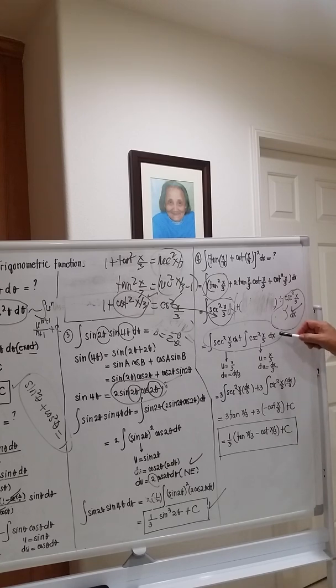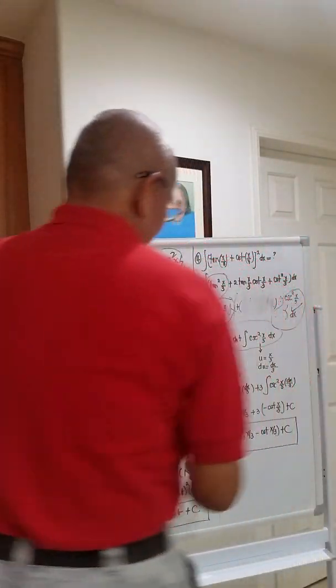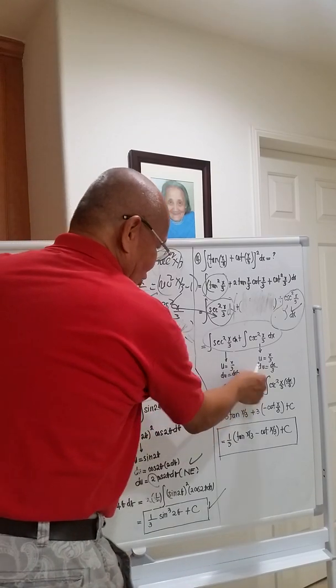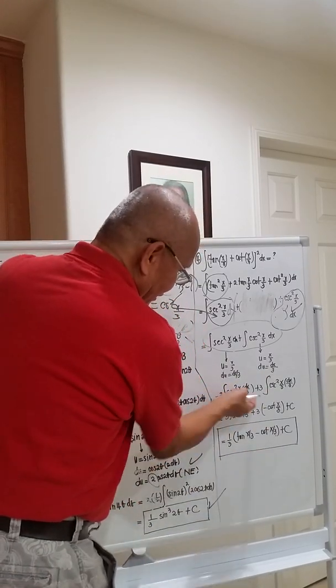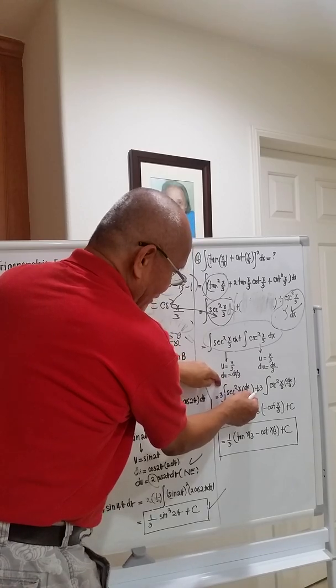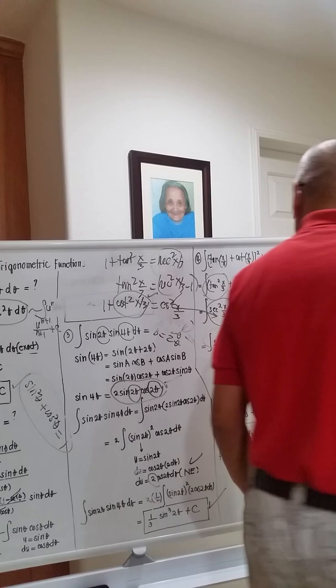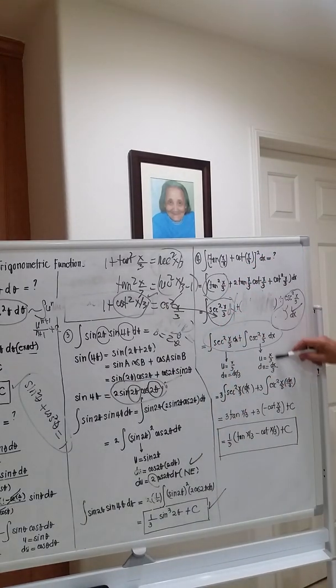So we are missing 1/3, so we introduce 3 outside of the integral sign. This will be 3 times the integral of secant squared of x over 3 times dx over 3. The 3 and 3 cancel; that's the original problem, but we must introduce this 3 here. Same for the second one: 3 cosecant squared of x over 3 times dx over 3.